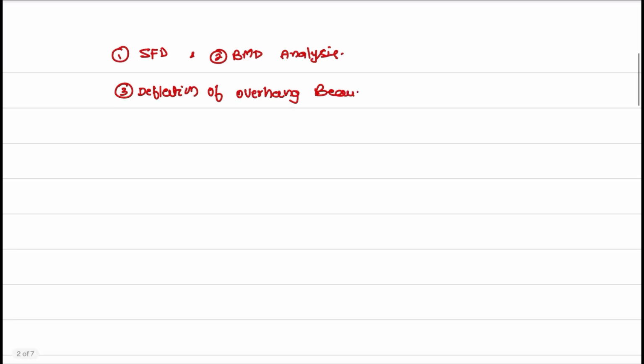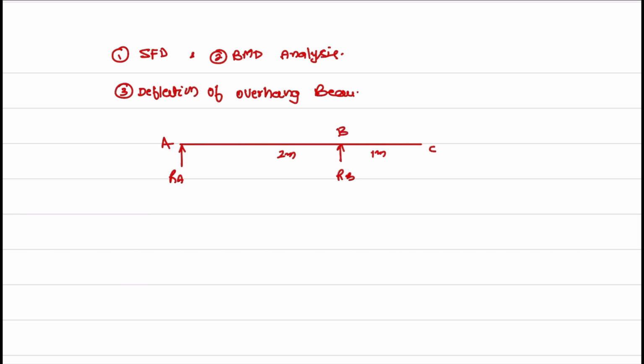And the beam is like this. This is RA, this is RB, this is 2 meters, this is 1 meter, this is C. A, B, C. Now, at a particular point the deflection will be maximum, at a particular point the deflection will be 0, and at the free end there will be a deflection.